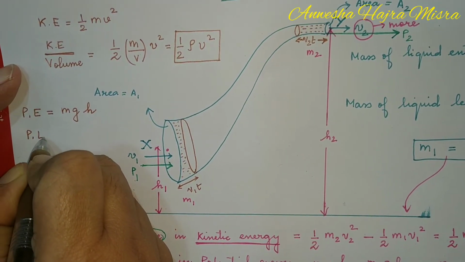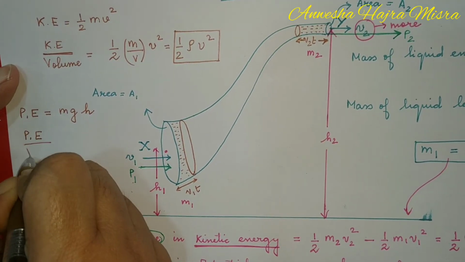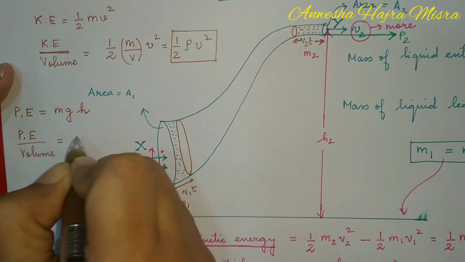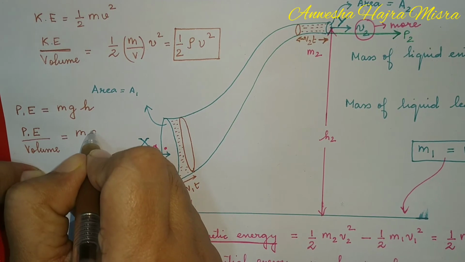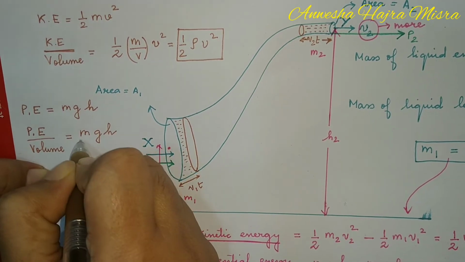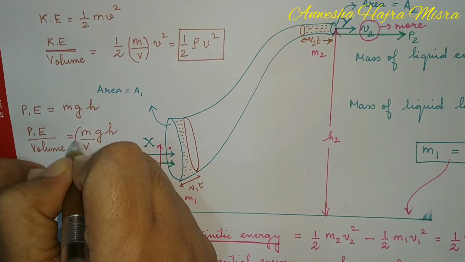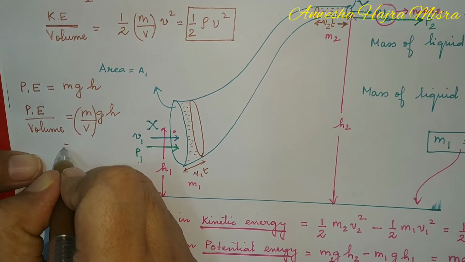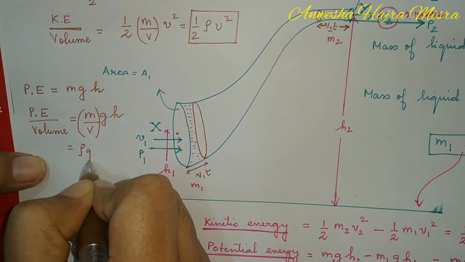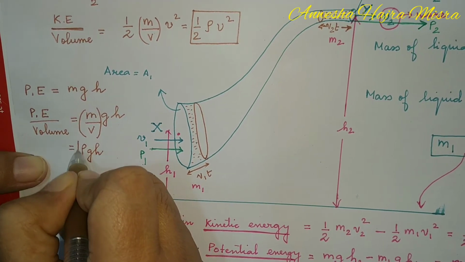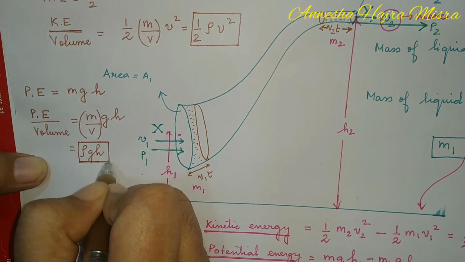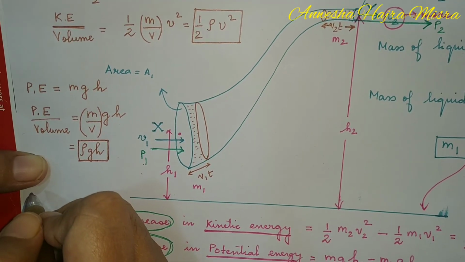If I divide the potential energy by volume, mgh divided by volume, mass by volume is nothing but density. So rho gh is actually potential energy per unit volume.